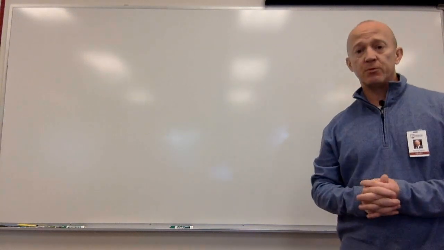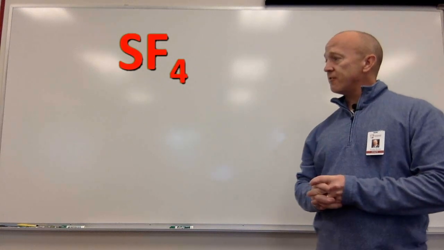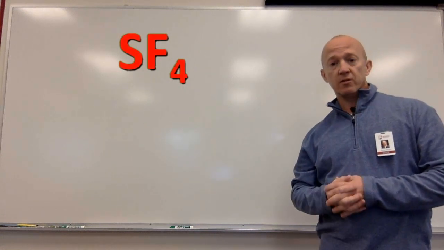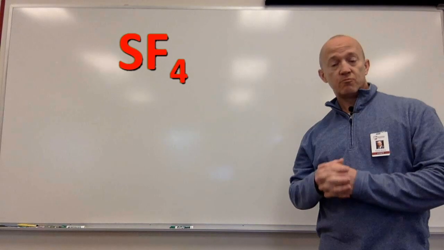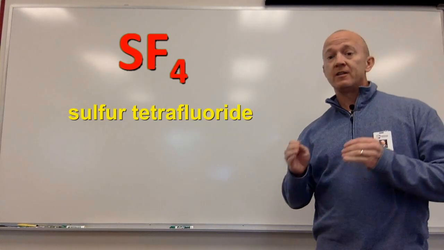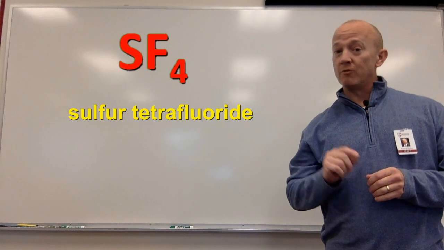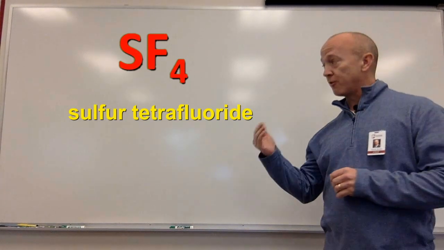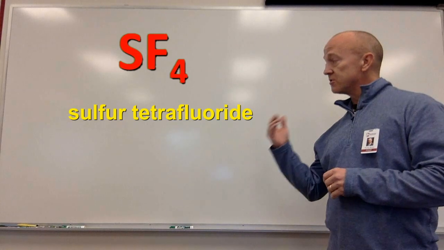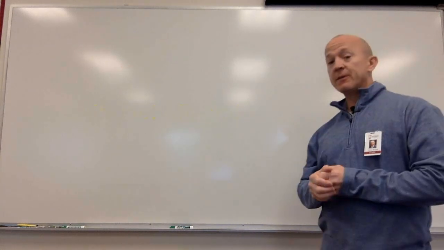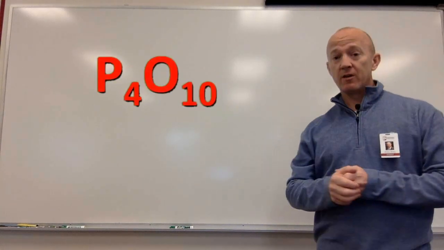Let's try a few examples. Here's one, SF4. What's this one called? Right, sulfur tetrafluoride. Again, not monosulfur because we don't use the mono on the first element. So this is sulfur tetrafluoride. How about this one? P4O10.